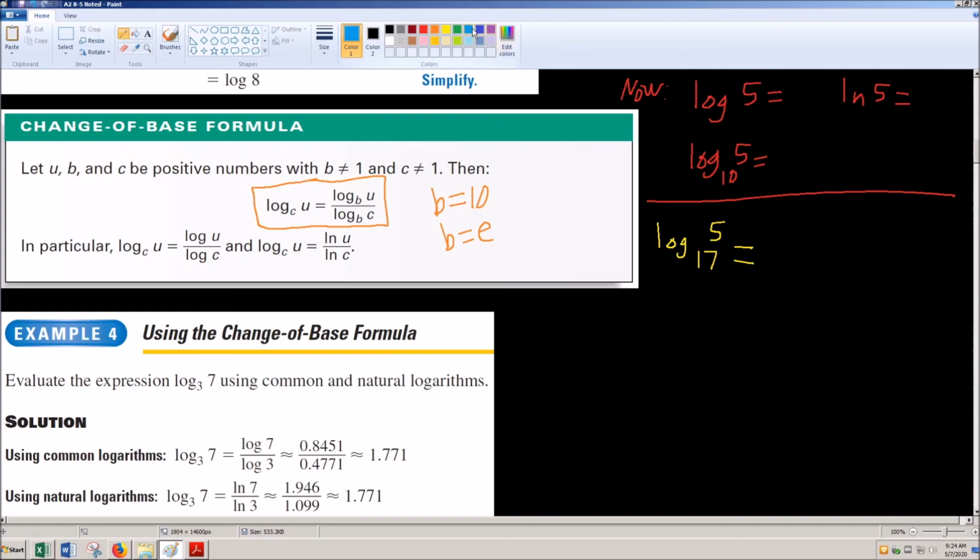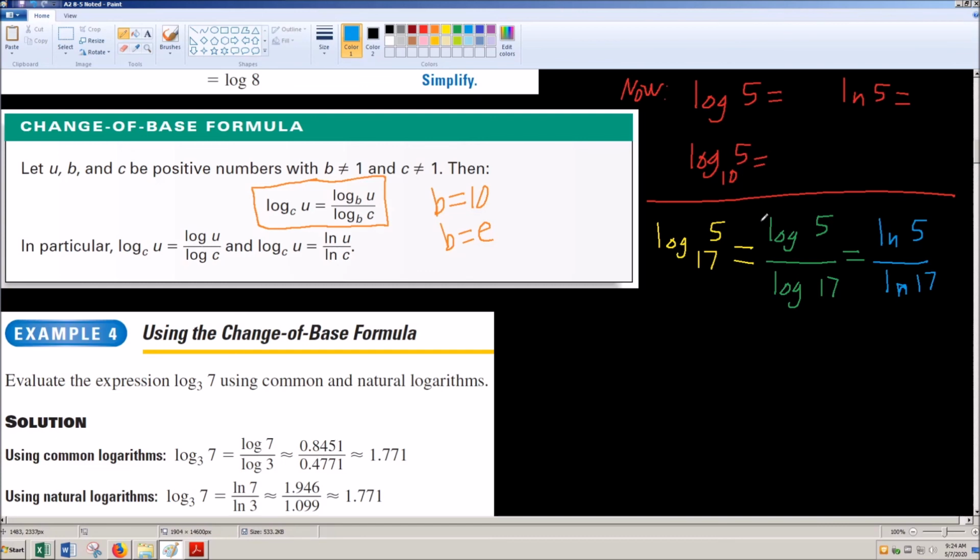One is that I could turn this into log of 5 over log of 17, and that is the same thing. So again, this is just a ratio, so it's going to be the same thing as natural log of 5 over natural log of 17. It doesn't matter whether you're using base 10 or base e here, we're able to evaluate either way with the calculator.